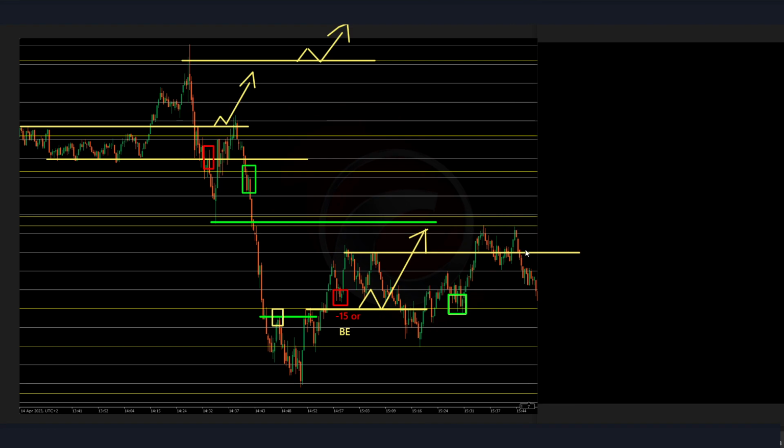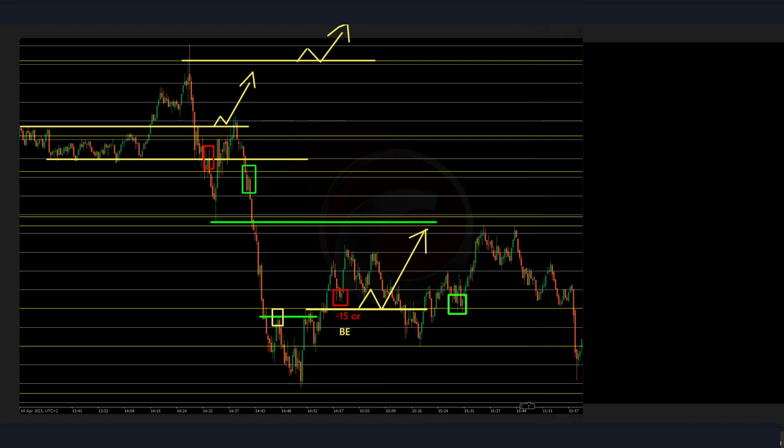We are having a double bottom of these lows. So let's see now if we have further breaking below. Okay, very strong break below. Let's see if we have a retest of this area for possible continuation bearish.